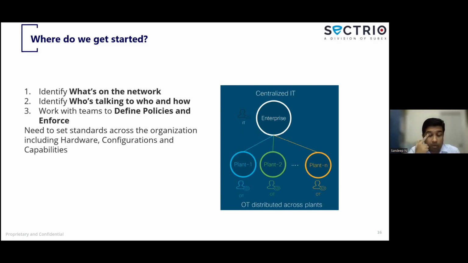You may be talking purely about hardware, or you could be talking about the software that runs your, could be a SCADA or various such parts of the system, and all the different configurations on these devices, everything. All possible angles have to be covered, and it has to be done at an org level.